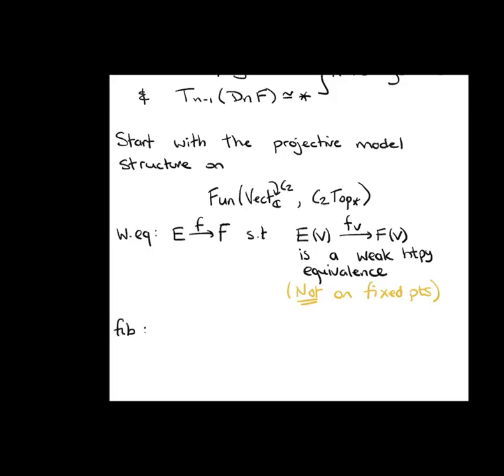And the fibrations are then just, again, the level-wise fibrations, so this map at V is a fibration, and again, no fixed points anywhere.